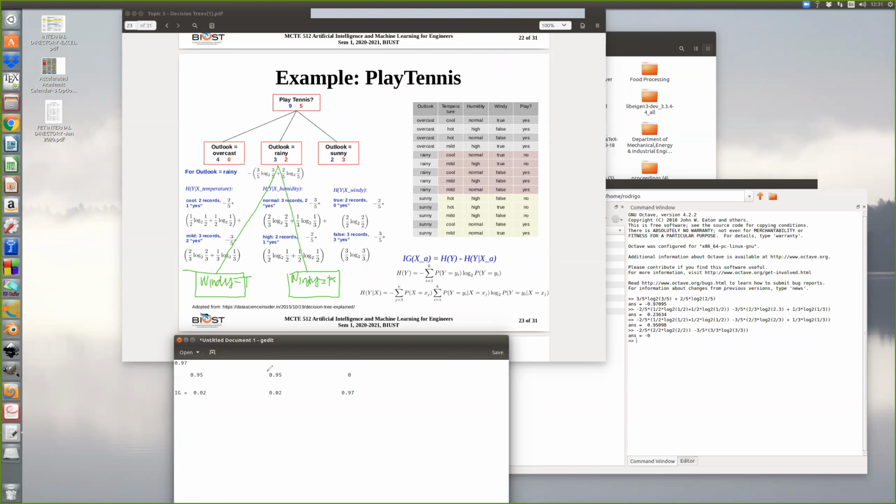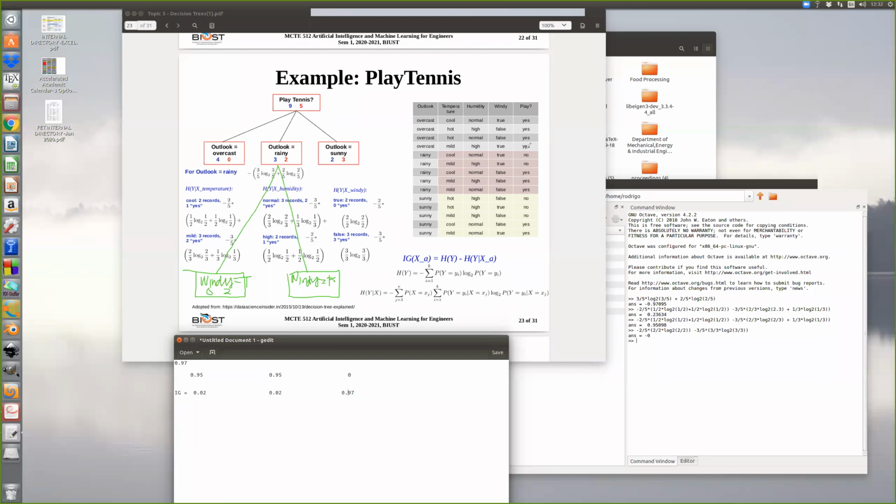Okay, so windy is false. And then for windy is true, how many is the output? So windy true, there are 2 no's and 0 yeses for this table. Okay, so 0 yes and 2 no's.